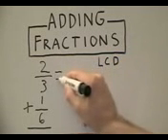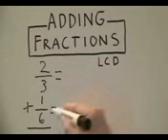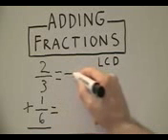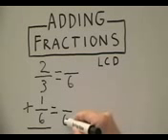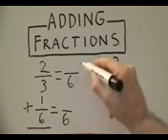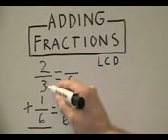If you did it correctly, you should have got an LCD of 6. We put 6 as the denominator for both fractions. For the top fraction, we take 6 divided by 3 to get 2.